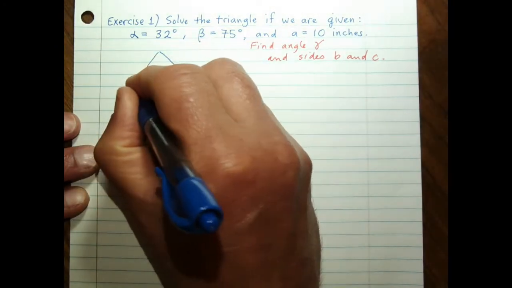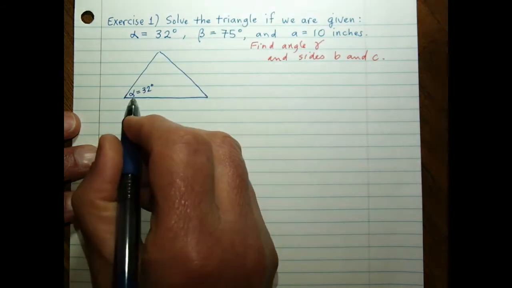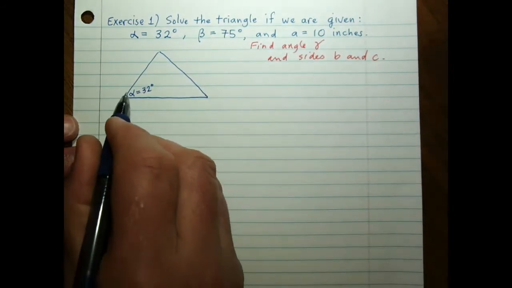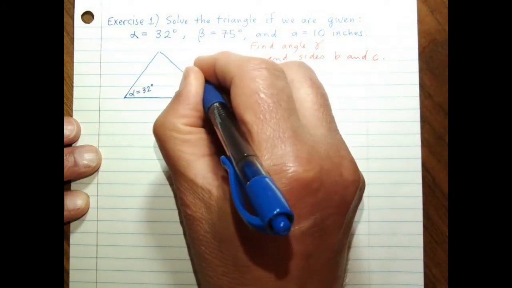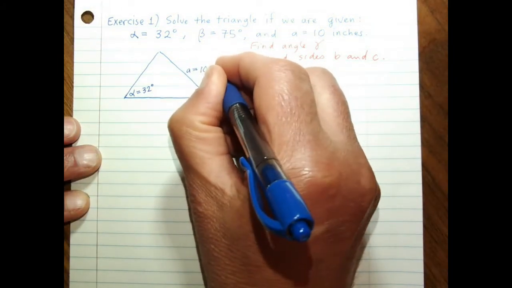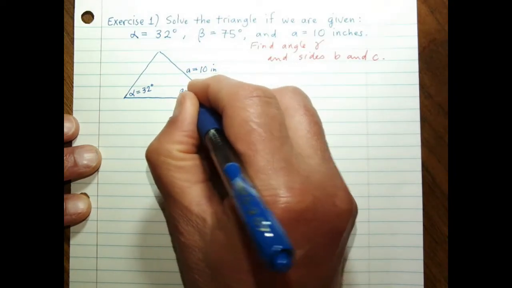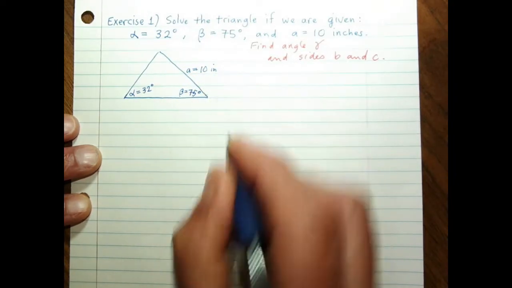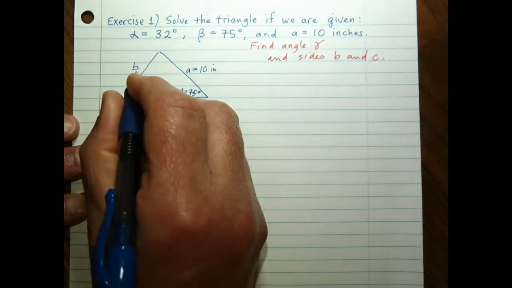I'm going to label alpha equals 32 degrees. Again, any angle could be alpha, but I'm just choosing this corner. But once I choose the angle alpha, the side across from it has to be side A, so that's 10 inches. I'll put beta equals 75 degrees in this corner, so side B has to be across from beta.